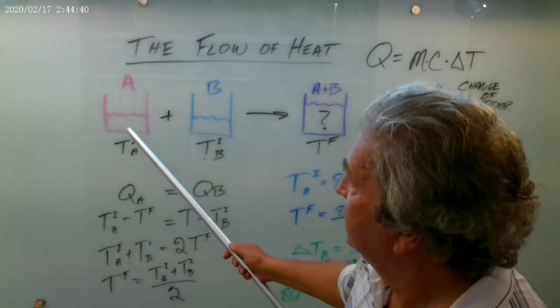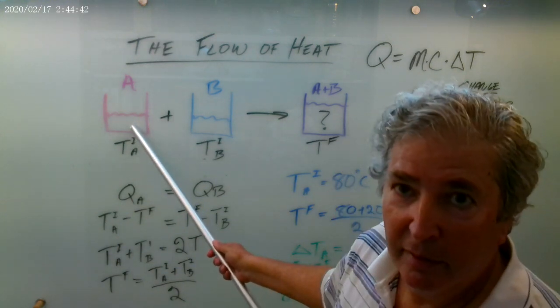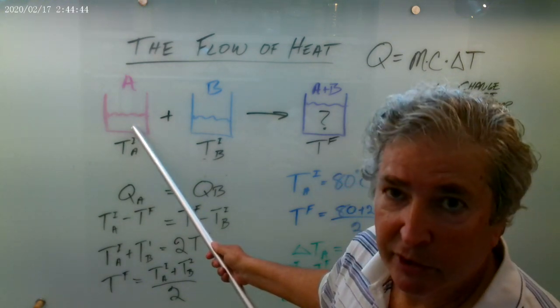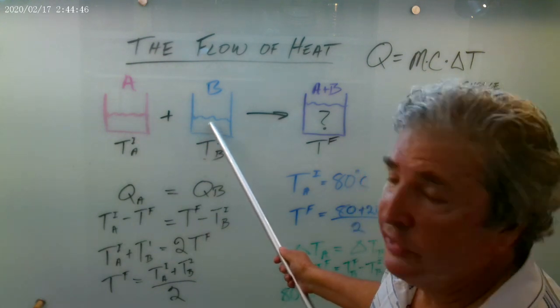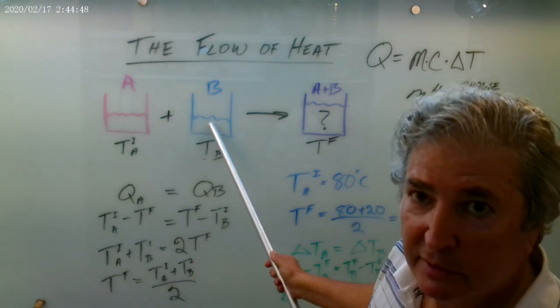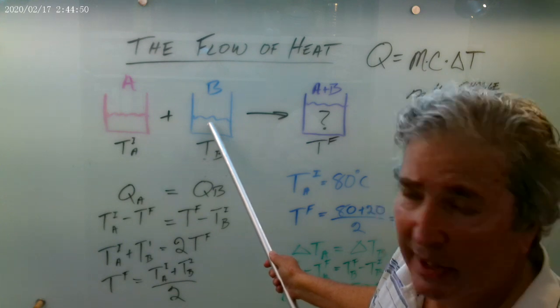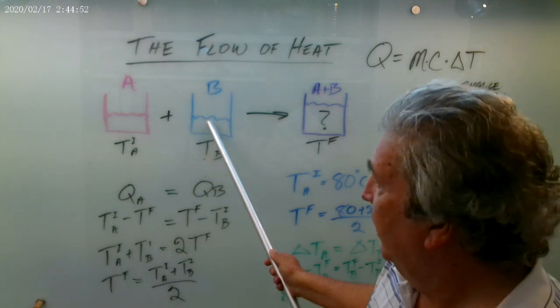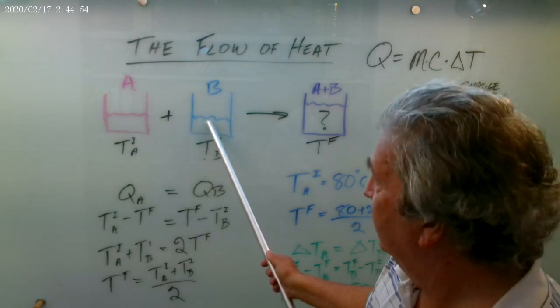But to the degree that A loses temperature, we'll say that B gains just that amount of temperature. And that's not intuitive. But that's how this analysis works.